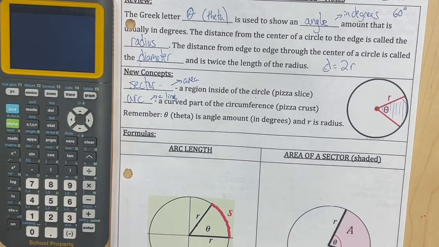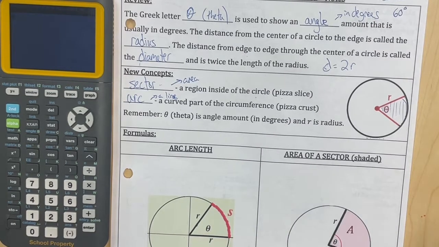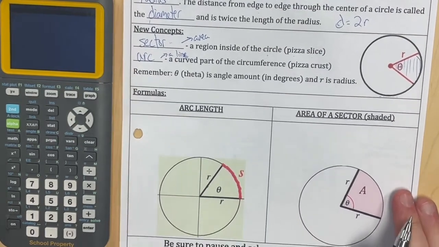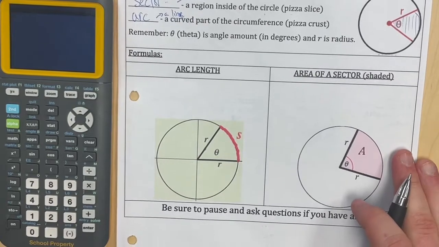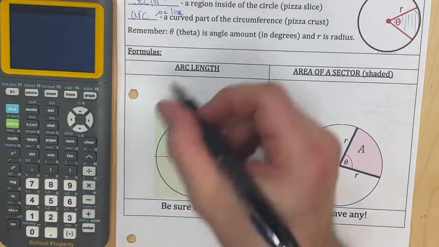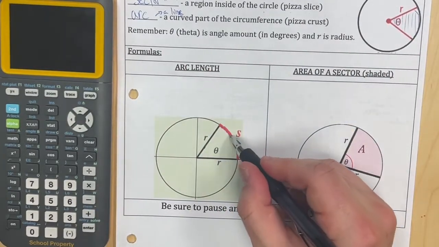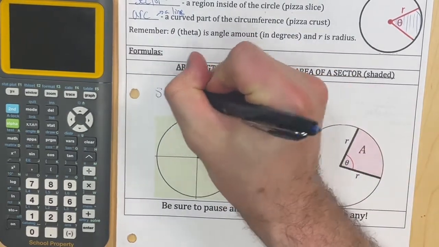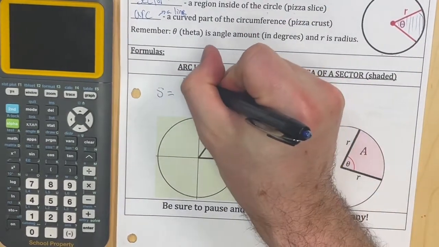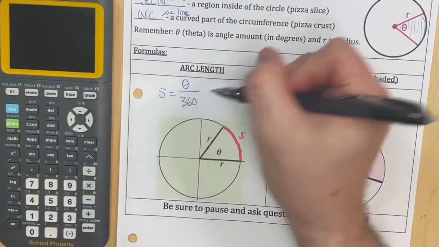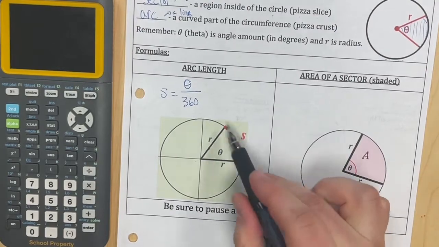All right, so we have to have some formulas for this. So make sure that you can have these for yourself. Arc length, make sure it's on here. Notice how it's along that pizza crust, along that outside, and we're going to use that letter S. So S is going to be equal to our angle theta divided by 360, because we're talking about that part of the entire circle.